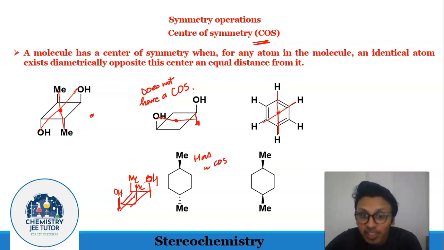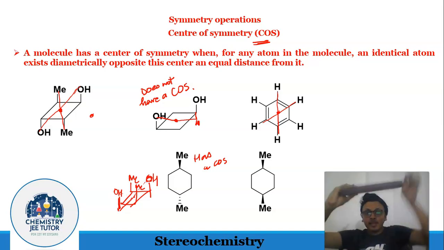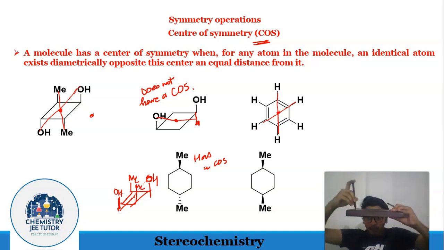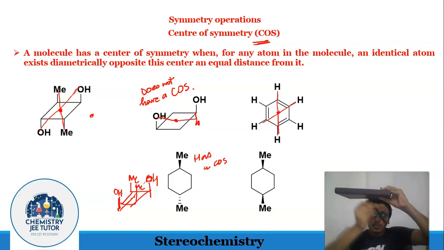The situation changes as we have this molecule. Now see, both the methyls are on top. See, this methyl is also on top, this methyl is also on top. How can we draw a straight line which starts from the tip of this methyl? Suppose we draw a straight line, it will always pass the center and go an identical distance below the plane. But below the plane there is hydrogen. It doesn't encounter a methyl.